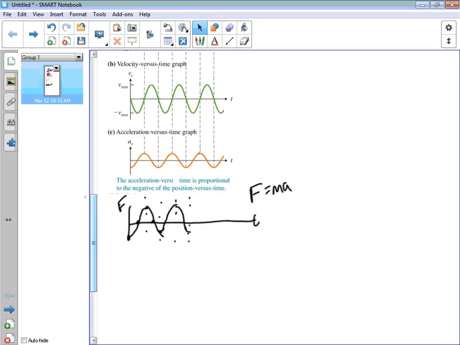We drew the force. What else? Yes? Kinetic energy versus time. Right. Which one is that going to, I'm not going to say mimic, but reasonably copy? We said the velocity, right? Let's see if I can grab that.